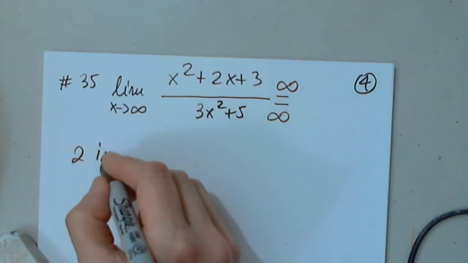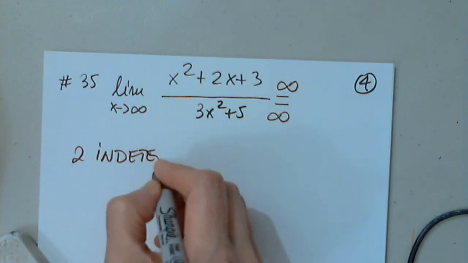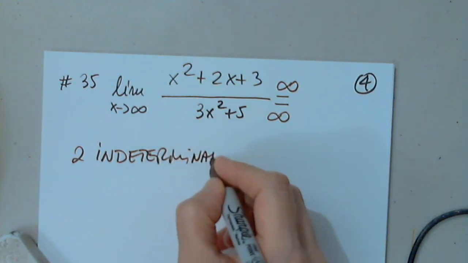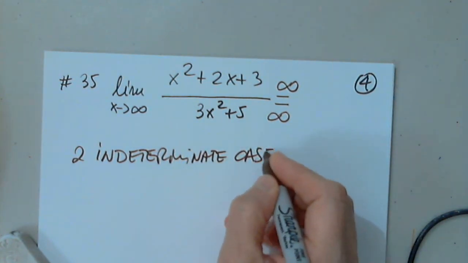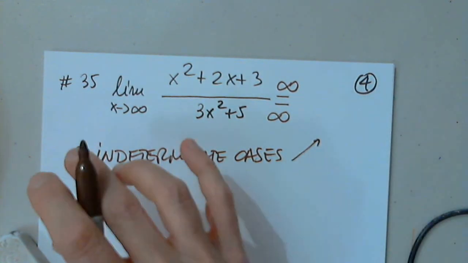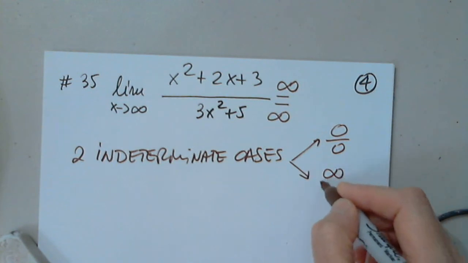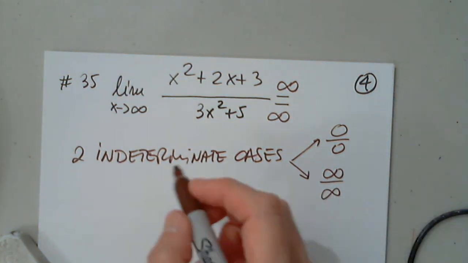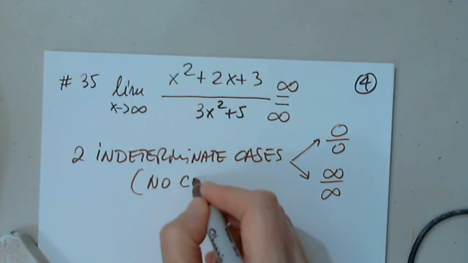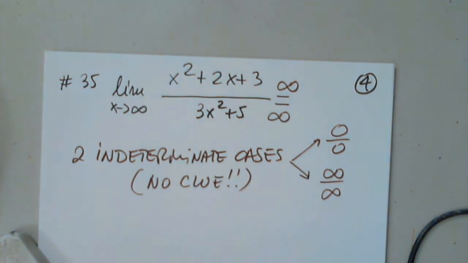So we have two indeterminate cases that we've seen so far. As I said, there is a total of 7: 0 over 0 and infinity over infinity. What do they mean? No clue. That's what they mean. I can't decide.